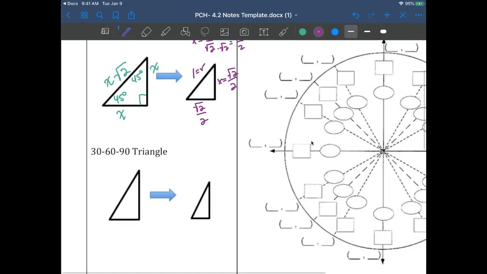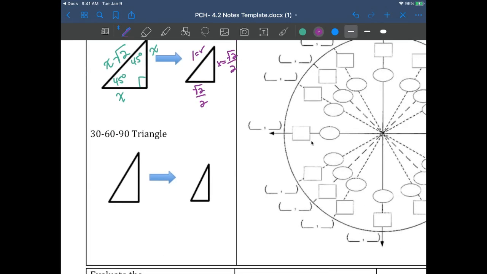A 30, 60, 90 triangle. We have 60, 30, and 90, or pi over 6, pi over 3, and pi over 2. The rules for those are x is the short side, 2x is the hypotenuse, and x root 3 is the side across from 60.